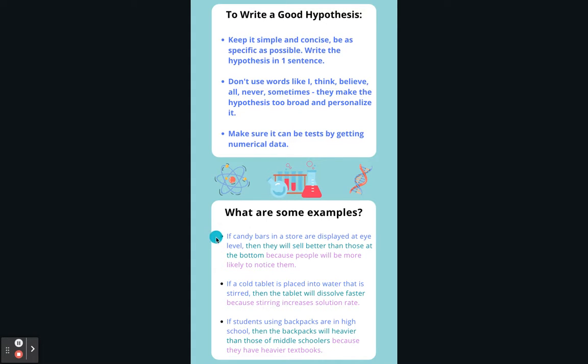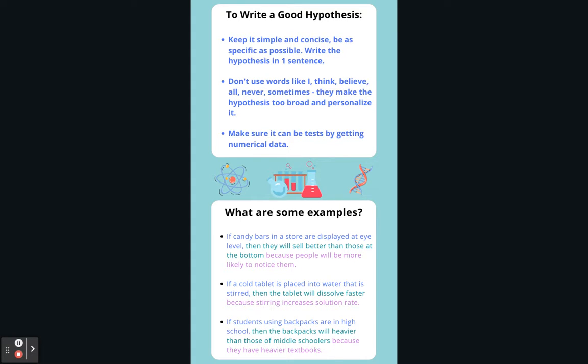My independent variable starts with if, and this is what's going to be changed. If candy bars in a store are displayed at eye level, so here I am testing different display heights of candy bars being stored. Now let's move on to the dependent variable.